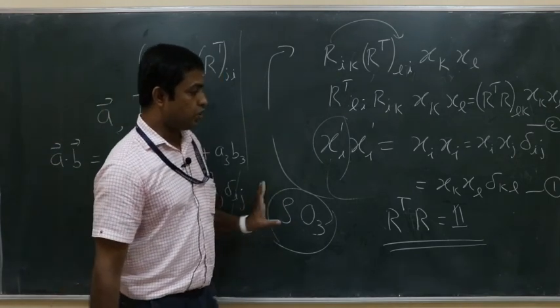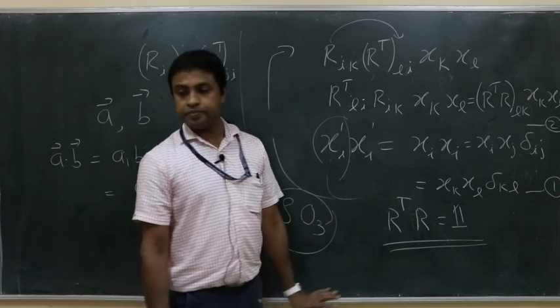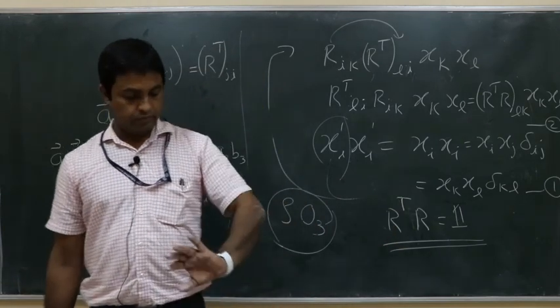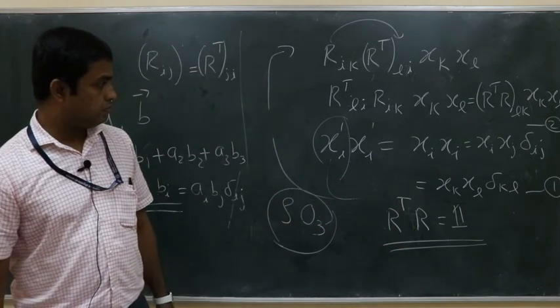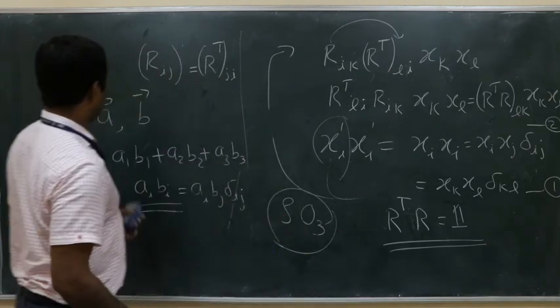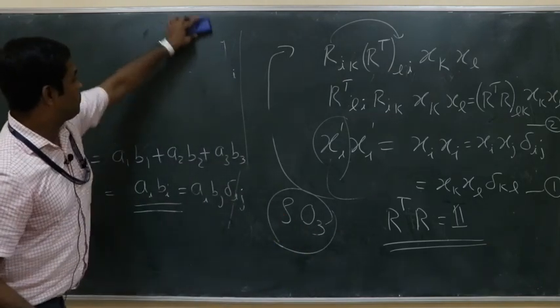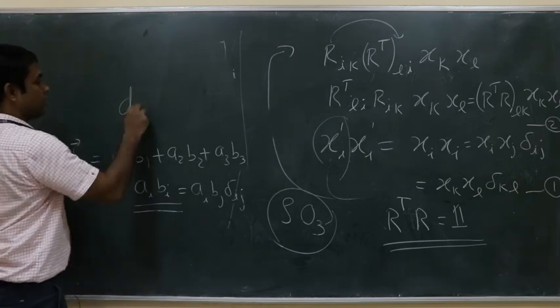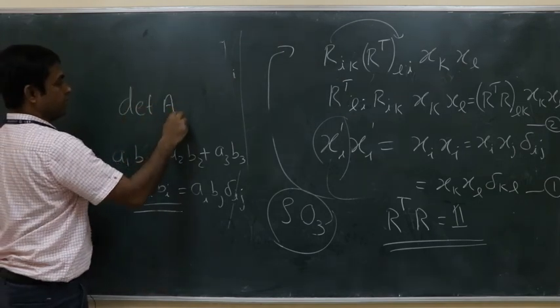Sir, how do we get the determinant of R equals 1? I'm not getting that. So what is the determinant of A into B?